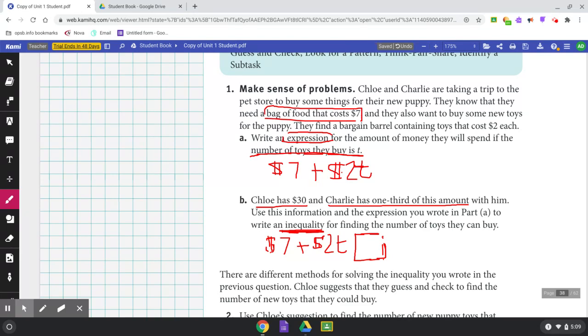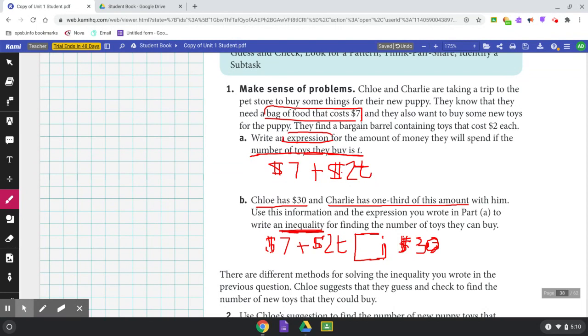Now, how much money do they have? We know Chloe has $30. So that's easy. $30. Y'all, I'm sorry. My stylus pen is acting up right now. I'm going to use my fingertips, see if that works better. Okay. $30 for Chloe.